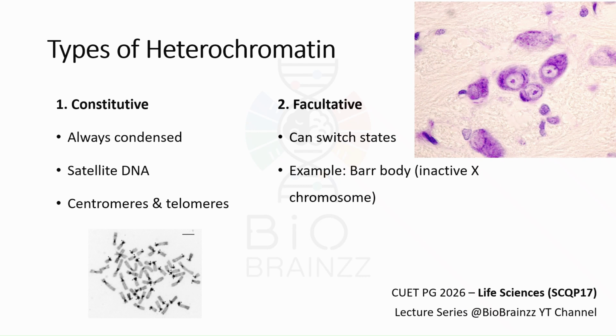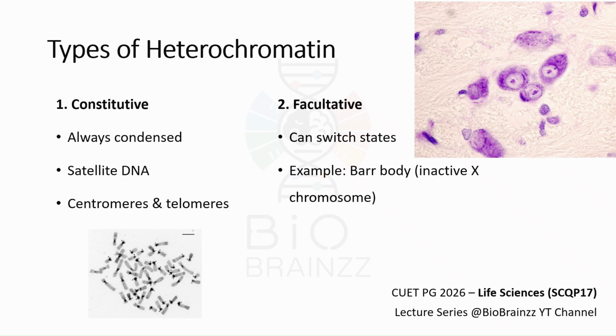Constitutive heterochromatin is typically found at centromeres and telomeres, where it plays an important structural role in chromosome stability. The image at the bottom shows darkly stained regions on chromosomes which usually correspond to constitutive heterochromatin.